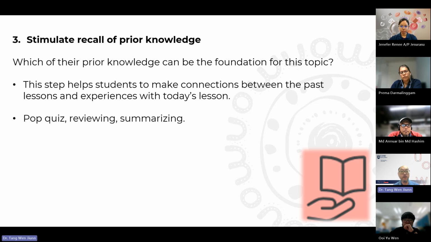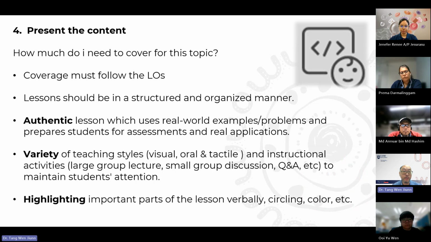So stimulating recall here is not only for them to recall what they learned, it's also for us to check whether the students misinterpret something, or miss out something in their understanding of the previous topics. Once we are done with this part, then we jump into the lesson.